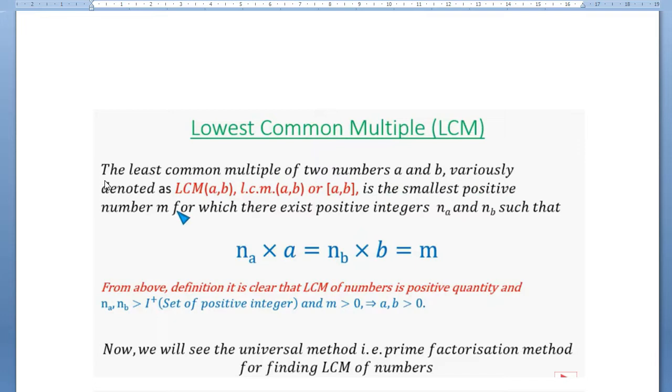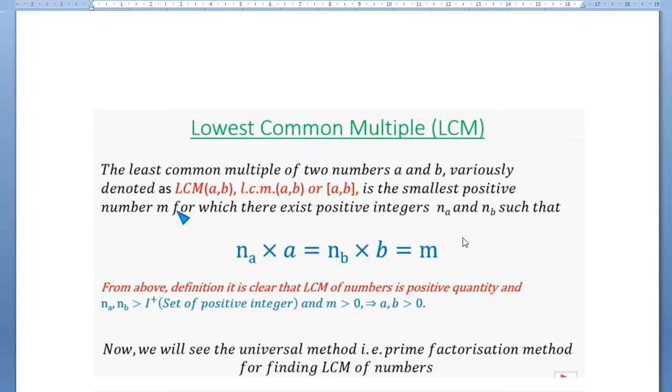The lowest common multiple of two numbers, suppose A and B, is denoted as LCM(A, B) under the bracket, or is the smallest positive number M for which there exist positive integers NA and NB such that NA into A equals NB into B equals M. So in this definition, it is written as positive integers.